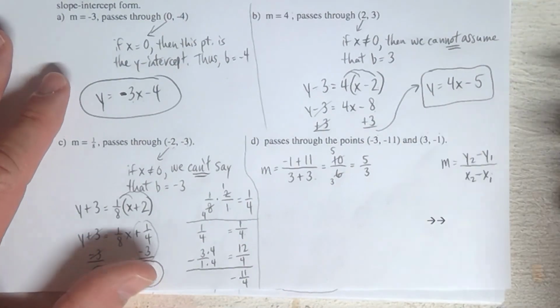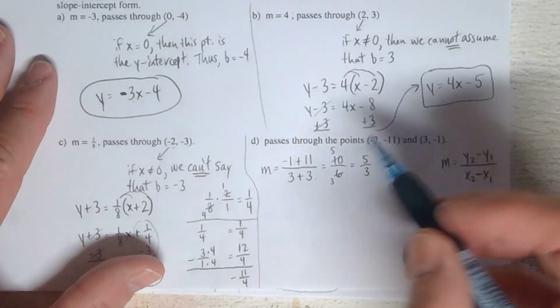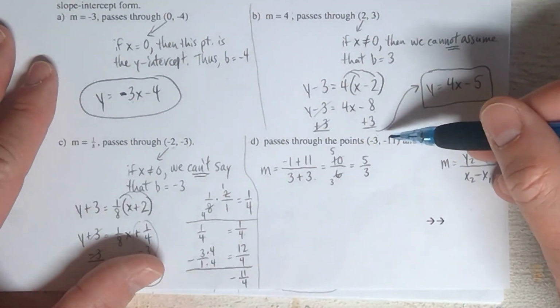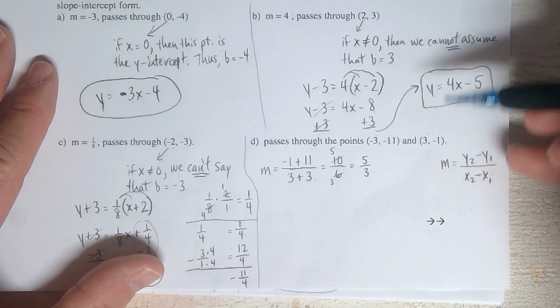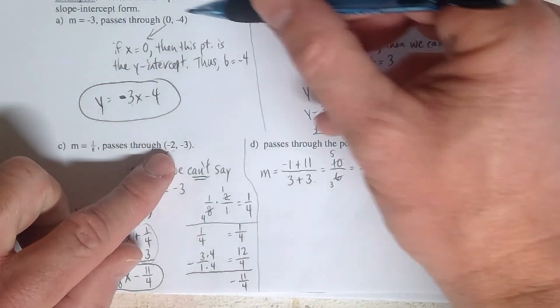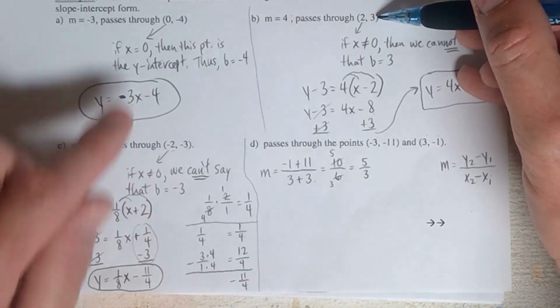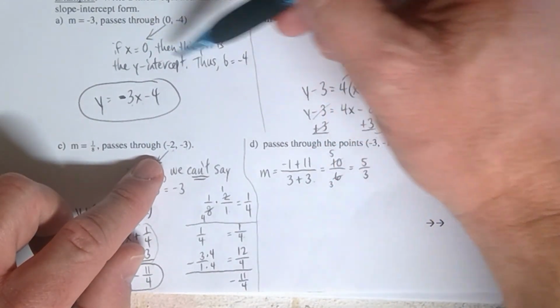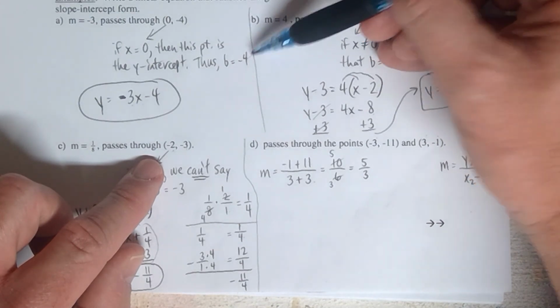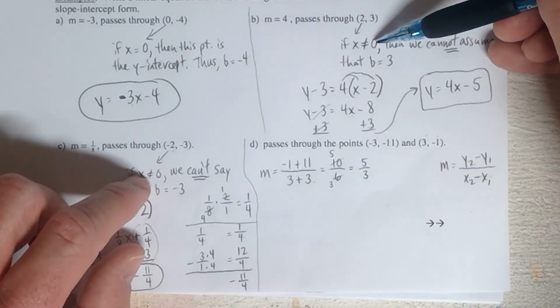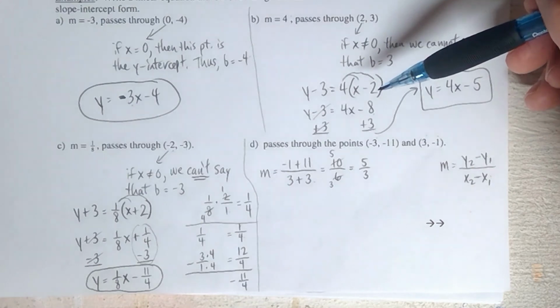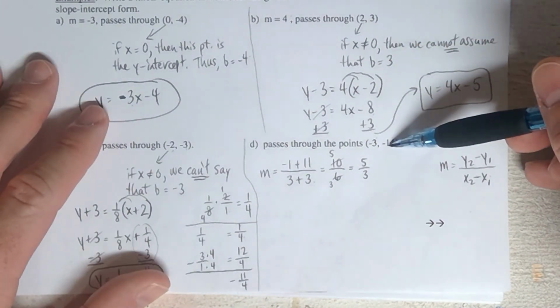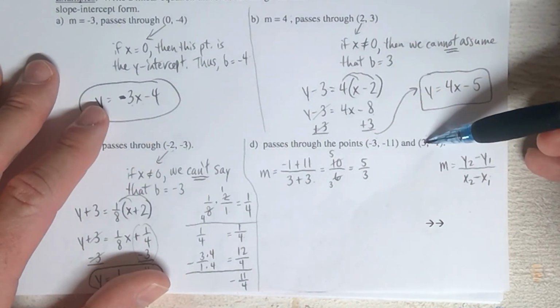Okay, now we know what the slope is, just like we did in the first three problems. Here's the thing. As always, if you already know what the slope is, you look at the points they gave you. In the previous three problems, they gave us 1 point, right? And if that 1 point had x equal to 0, then we knew what b was. If that point did not have x equal to 0, then we had to do the secondary formula. It's the same thing now in this problem. It's just that now we have 2 points to look at.